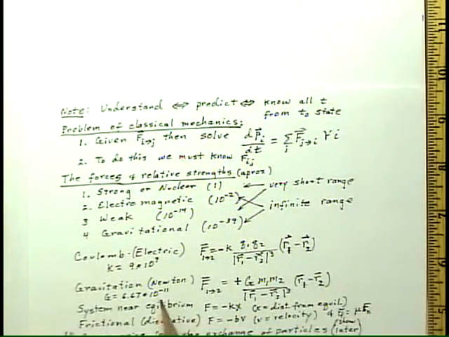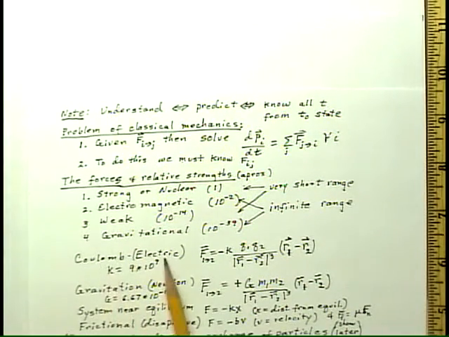Some of the common forces that we are familiar with are, first of all, the Coulomb, or electric force. The constant K is 9 times 10 to the 9th in MKS units, and the force of particle 1 on particle 2 is the negative of K times the charge of the first particle times the charge of the second, divided by the distance between the two particles squared.